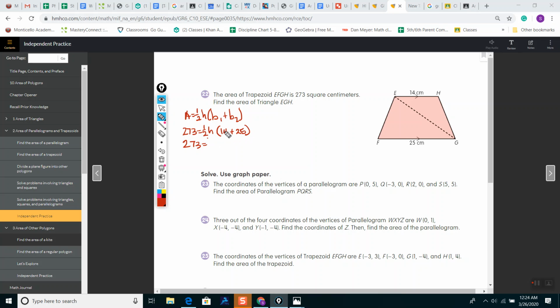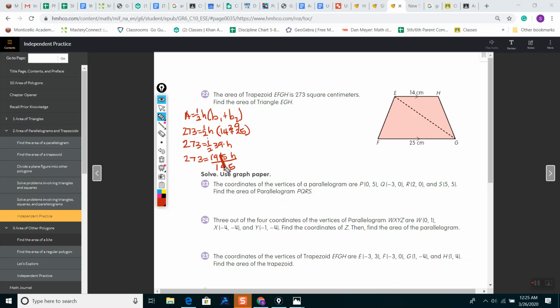We have 4 plus 5 is 9, 2 plus 1 is 3, so 39. I want to rearrange this, so we're going to do 1/2 of 39 multiplied by the height. So 1/2 of 39 would be 19.5 H.